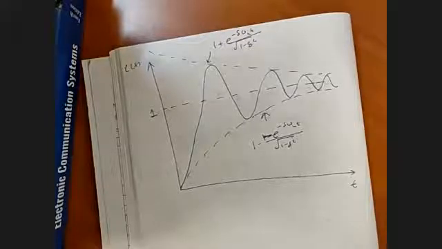So the response of an underdamped second order oscillatory system, before settling to the final value, has oscillations that depend on the value of delta. The frequency of transient oscillation is the damped natural frequency omega d.